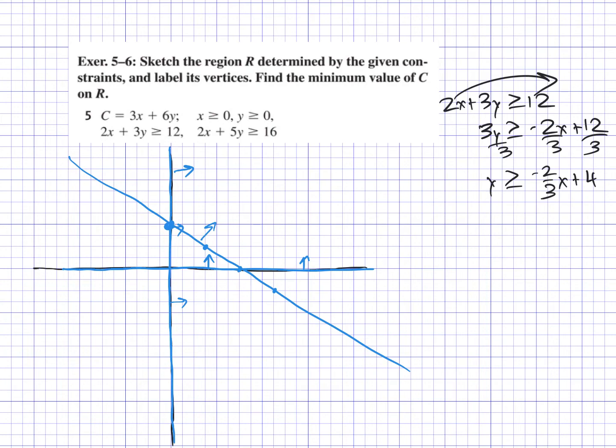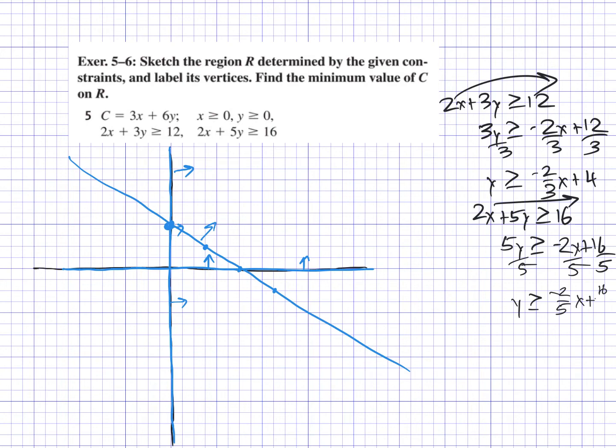Let's go to the next problem and do 2x plus 5y greater than or equal to 16. So 5y is greater than or equal to negative 2x plus 16. Divide off the 5. So y is greater than or equal to negative 2 fifths x plus 16 fifths. 16 fifths is 3 and 1/5. Okay, crazy stuff here.